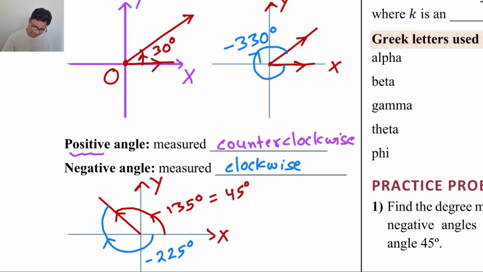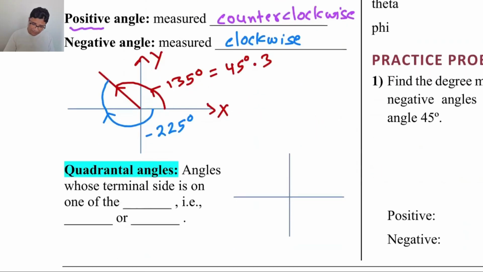You want to think about it. So these are standard angles. Even more special are what we call quadrantal angles. This concept is related to what we call quadrants. Maybe I'll talk about that briefly.